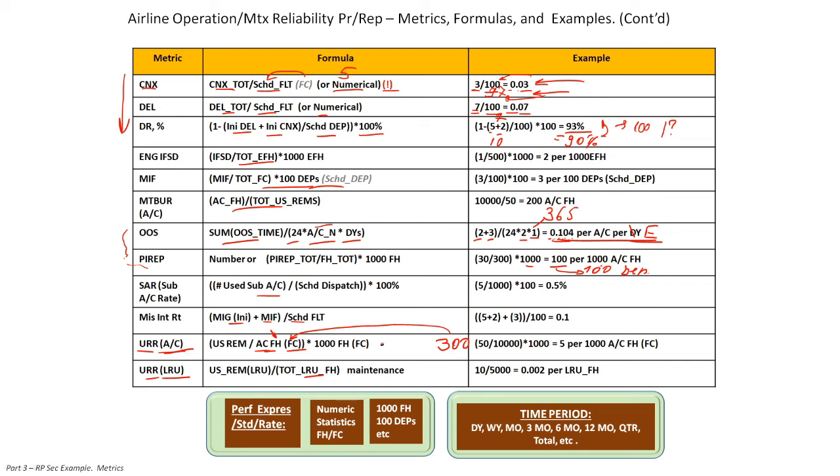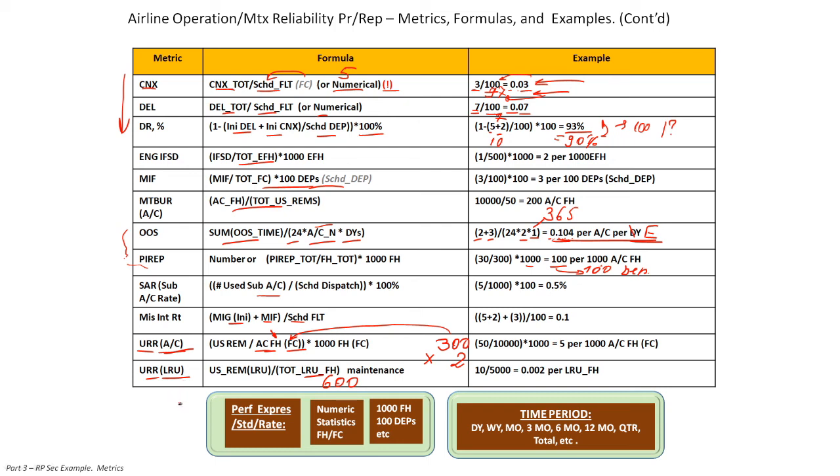Now let's say we need to calculate URR per AC generator, and we have 2 AC generators. What does it mean here? It means that we have to multiply this 300 by 2, and then in the denominator we have not 300 flight hours but 600 flight hours. It's a little bit different, right?